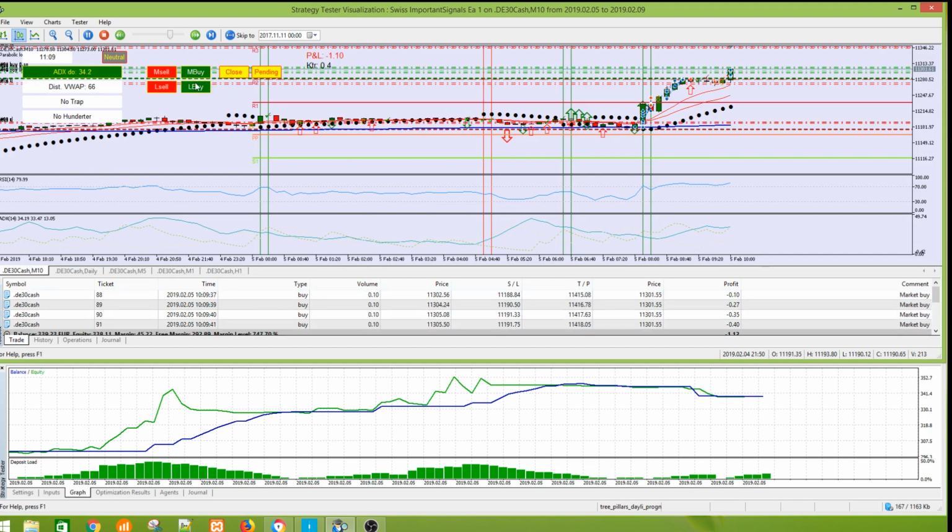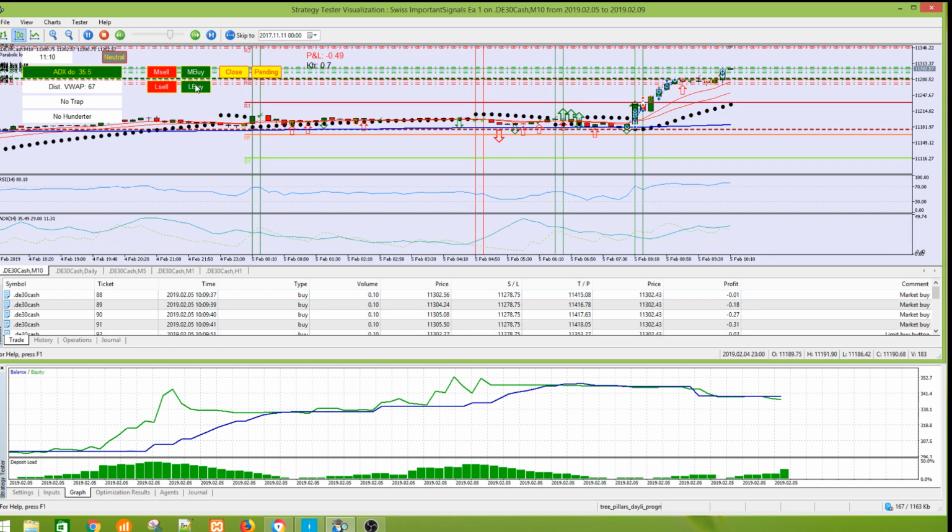Oh, I have some market buys in and some limit buys. I have 0.8 contracts now. You see, this is very distributed.